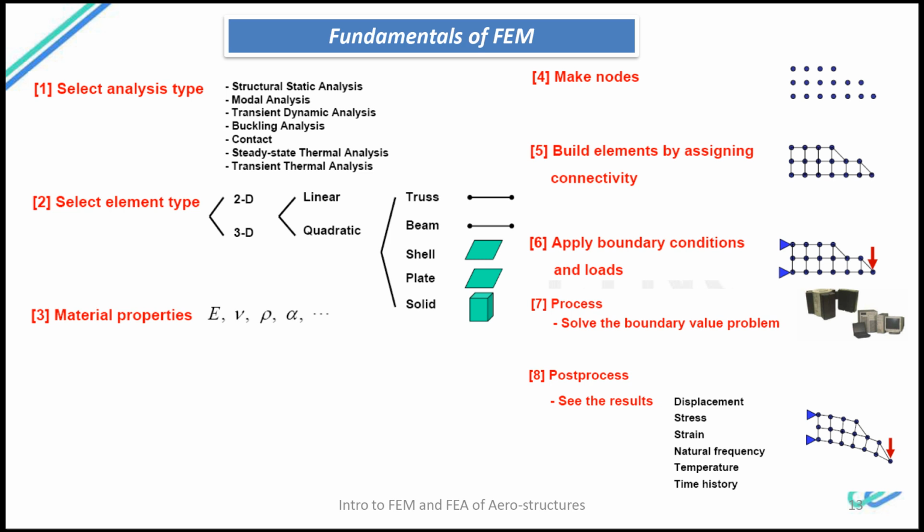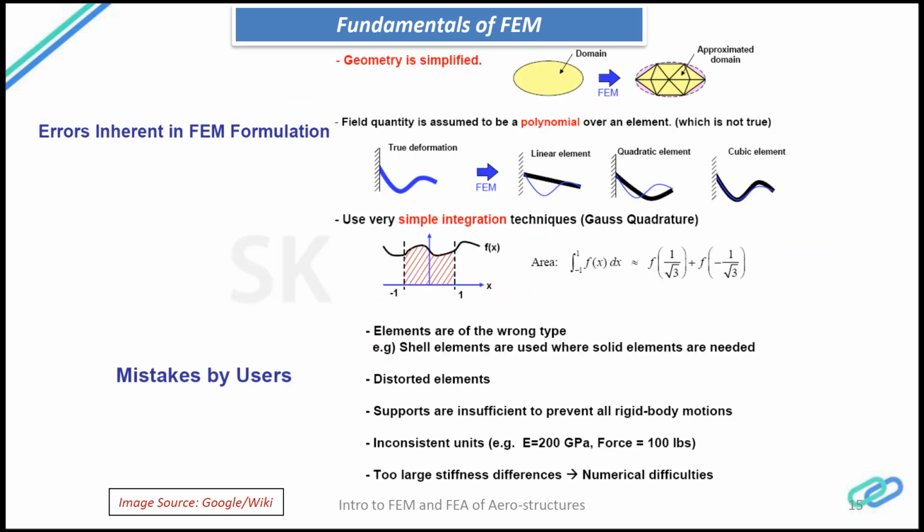So first it computes for the element, and then finally it interpolates to the nodal points. When it computes for the element, it uses a type of Gauss quadrature technique for computation.